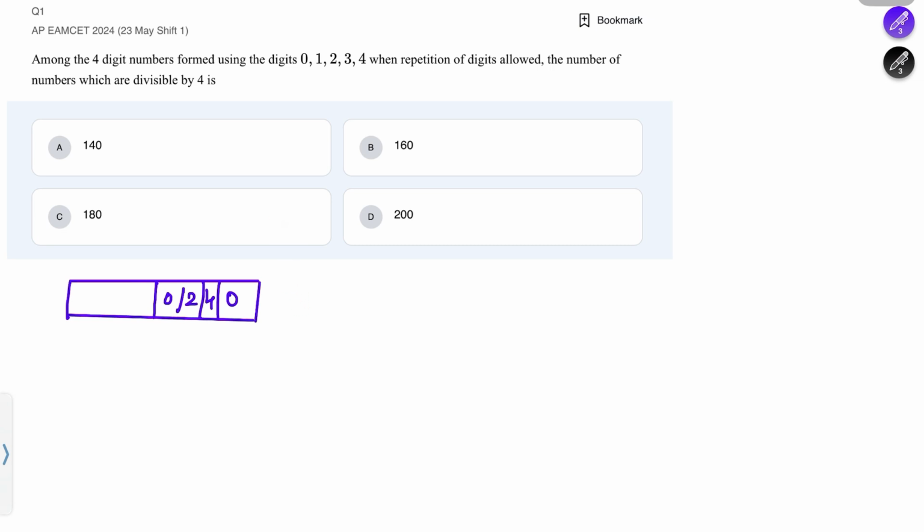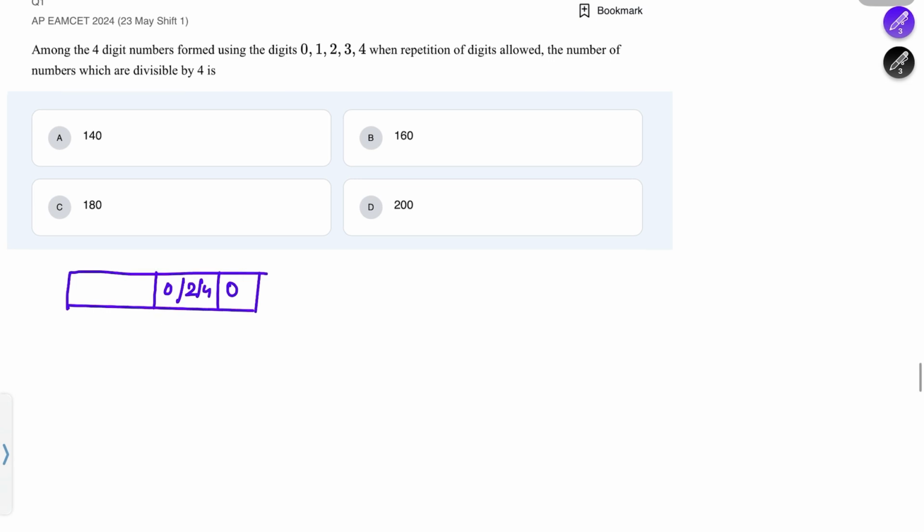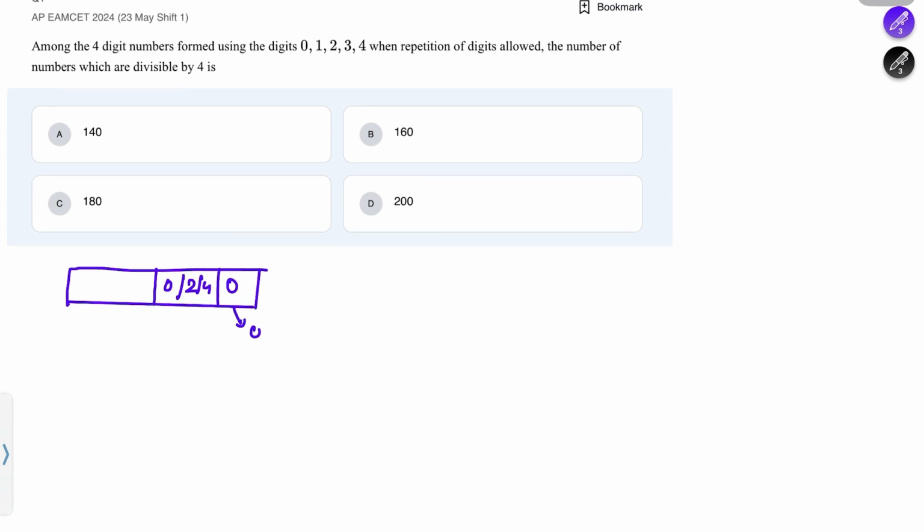So the last digit is only possible 4 here. So either it picks 0 and there is 3 factorial possible, and two more digits are possible. So how many digits in total? The total digits are 0, 1, 3, 4, and 2. But 0 is not possible as the first digit, so the only possibility is 4 factorial, right? And next, 0 is possible, so it is 5 factorial. So according to this, 5 into 4 into 3, which is 60.